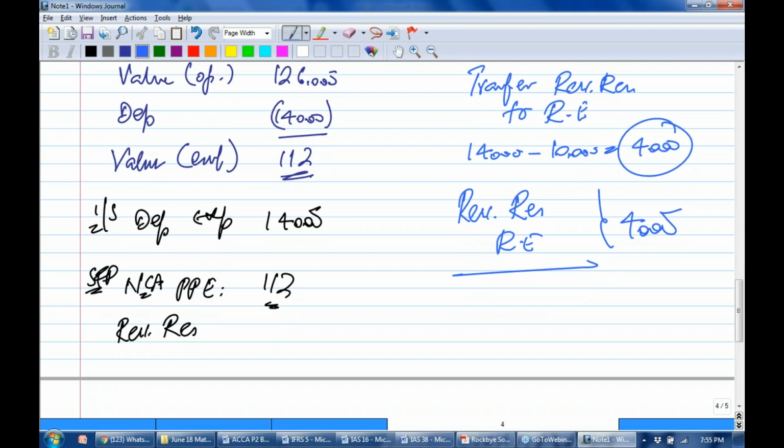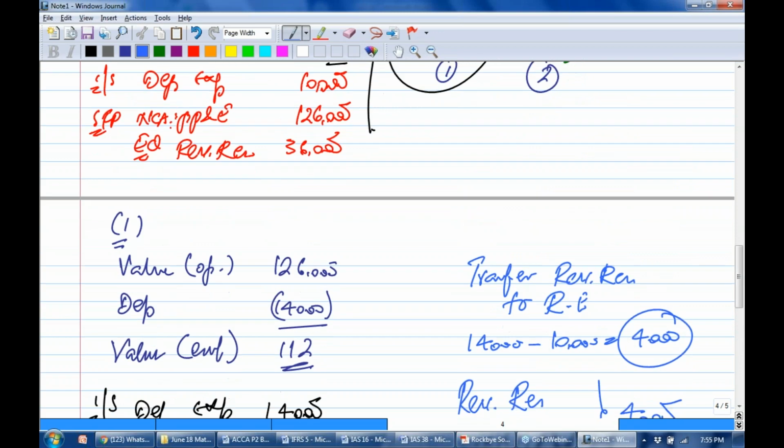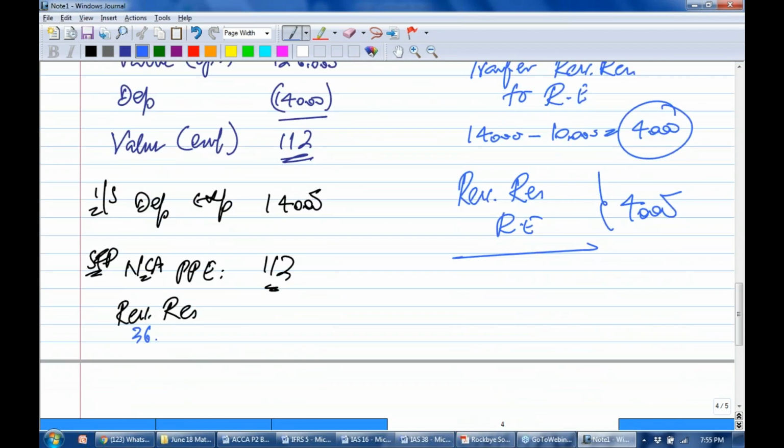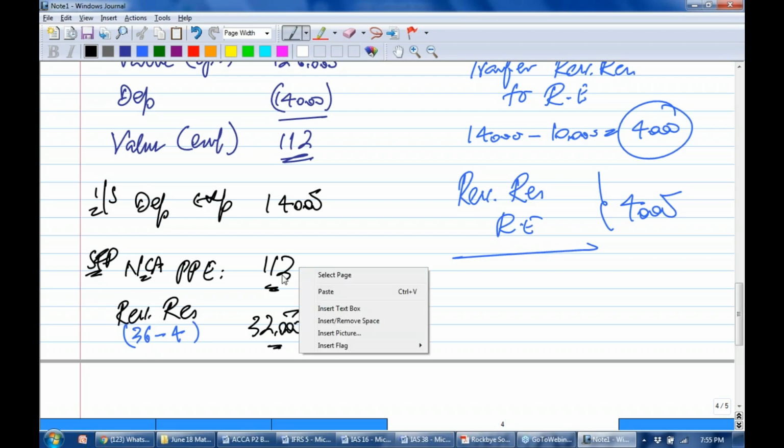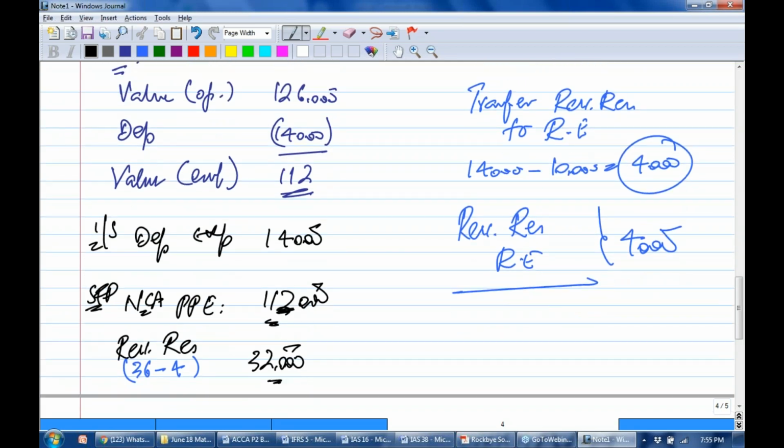And the revaluation reserve, that was 36 minus 4, that is 32,000. That is the point that we have done.